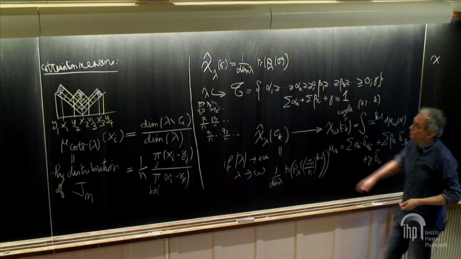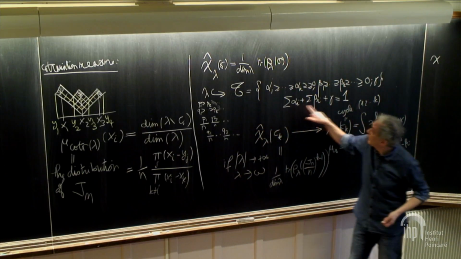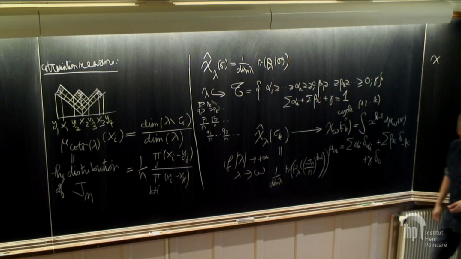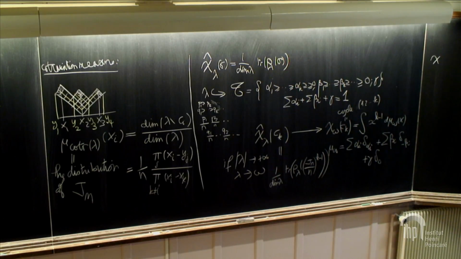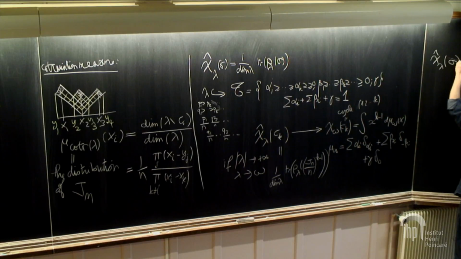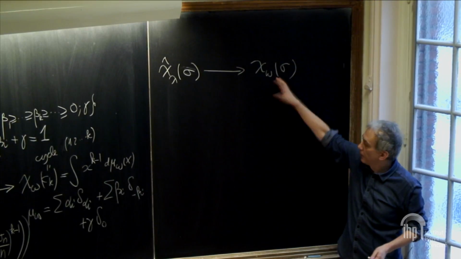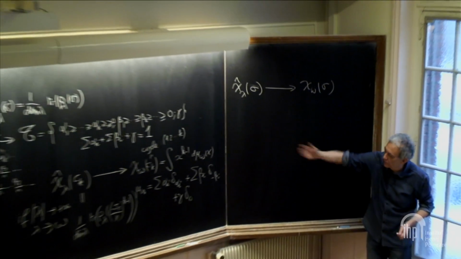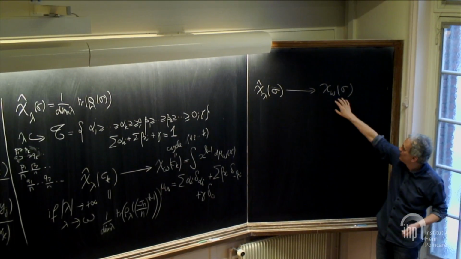So again, assuming that lambda converges to omega in the Thoma simplex, then we will see that the... So I recall that this chi omega were the extremal Thoma characters that I defined, but here I can recover them without even knowing that they exist in advance.